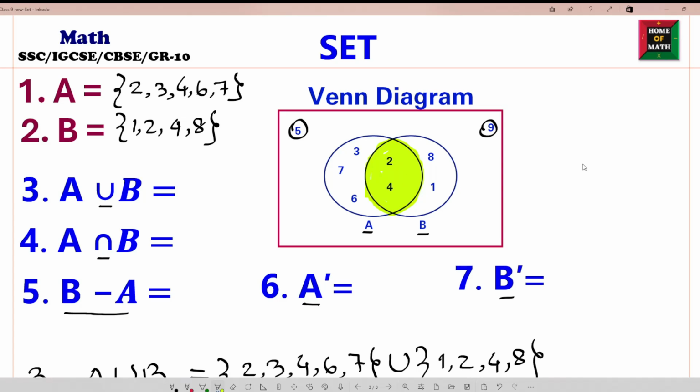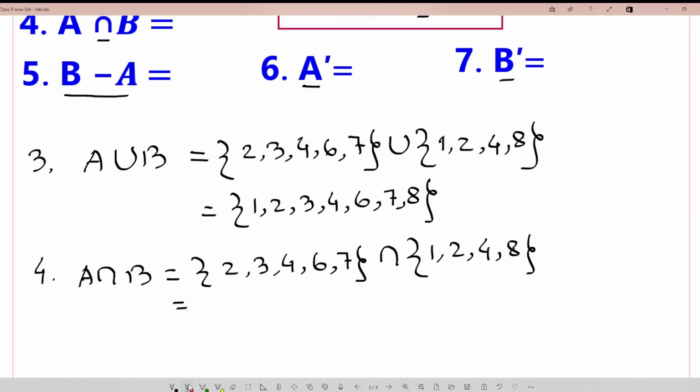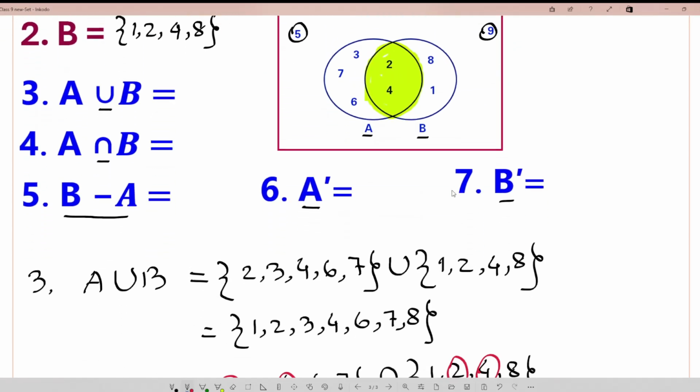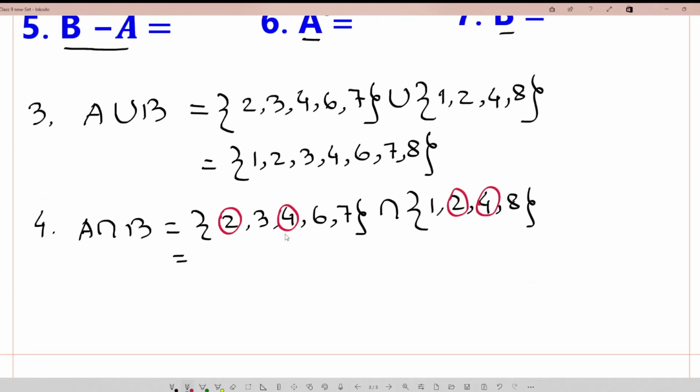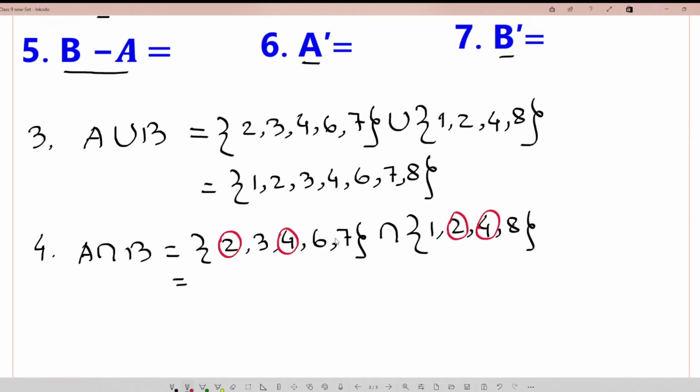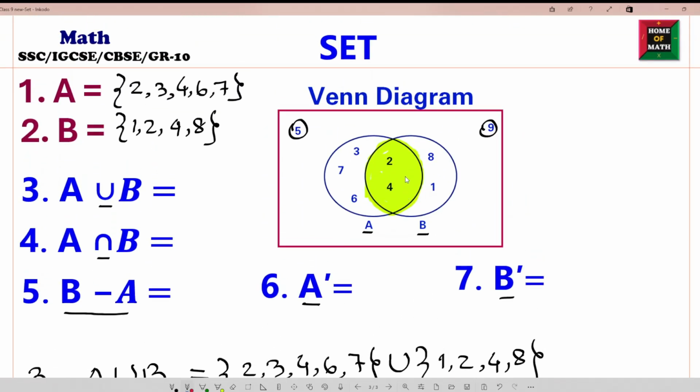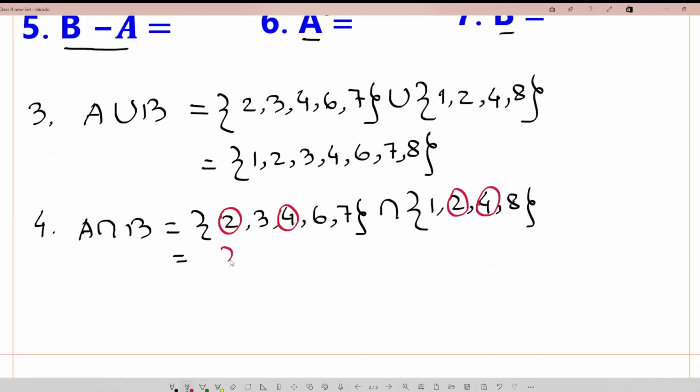So the result of A intersection B should be 2 and 4. Look, here is 2, here is 2, here is 4, here is 4. If we do not have the Venn diagram, we also get the result by checking which numbers are common. But in a Venn diagram we clearly understand 2 and 4 are common numbers. So the result is 2 and 4.